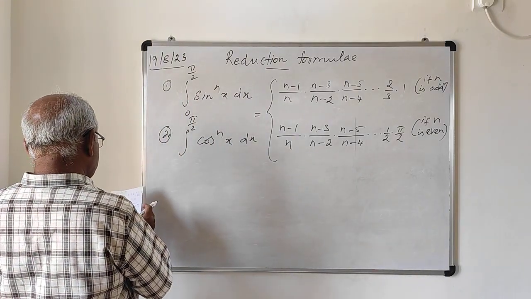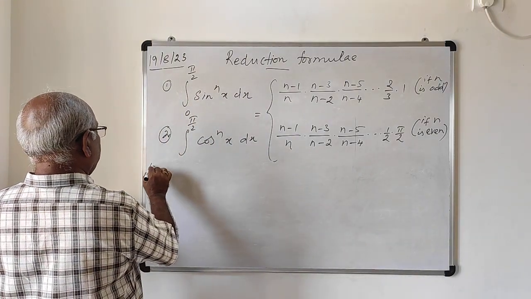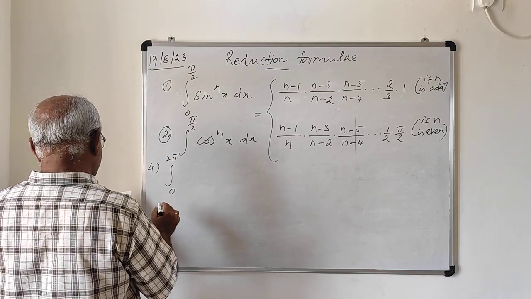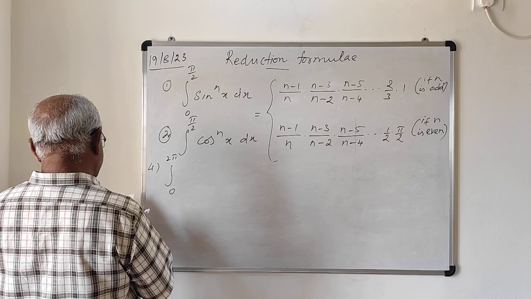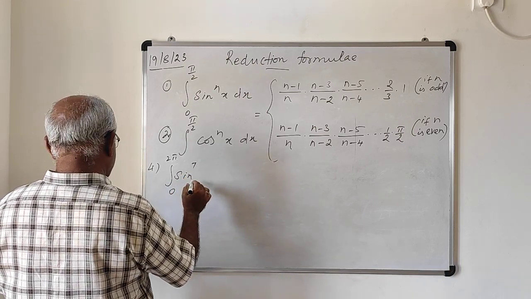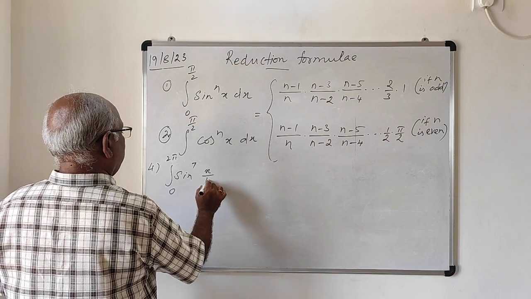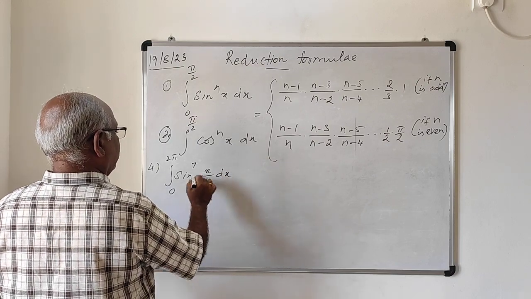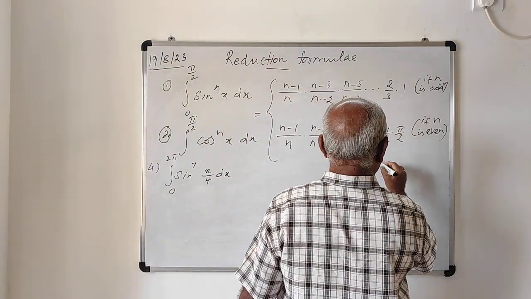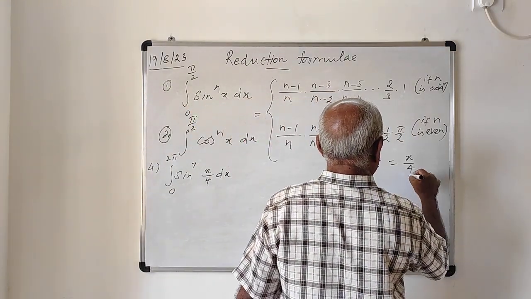Next one, consider the problem: integral 0 to 2 pi of sine power 7 of x by 4 dx. See, your t is x by 4 here. Now, to solve this problem, put t equal to x by 4.